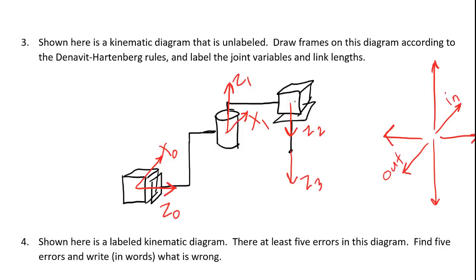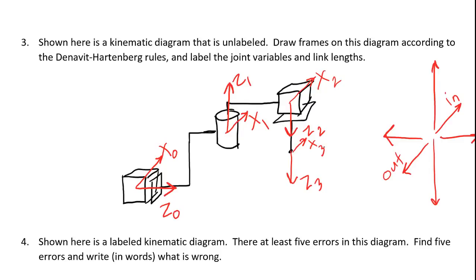For frame 2, I can either make x go right or left, or I can make x go into the page or out of the page, because all of those directions would be perpendicular to both z1 and z2. I'm going to make x2 go into the page for reasons that will become evident in a moment. And then I'll copy x2 in frame 3.